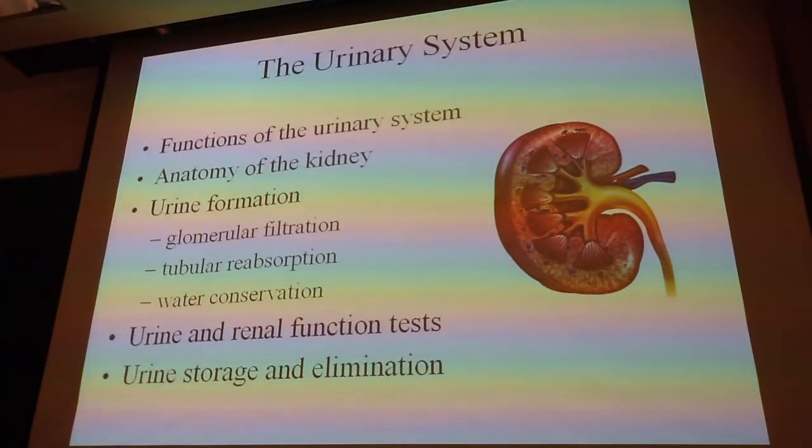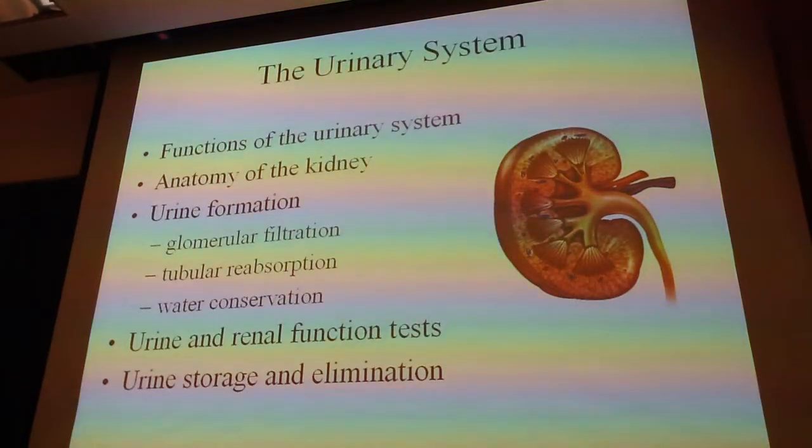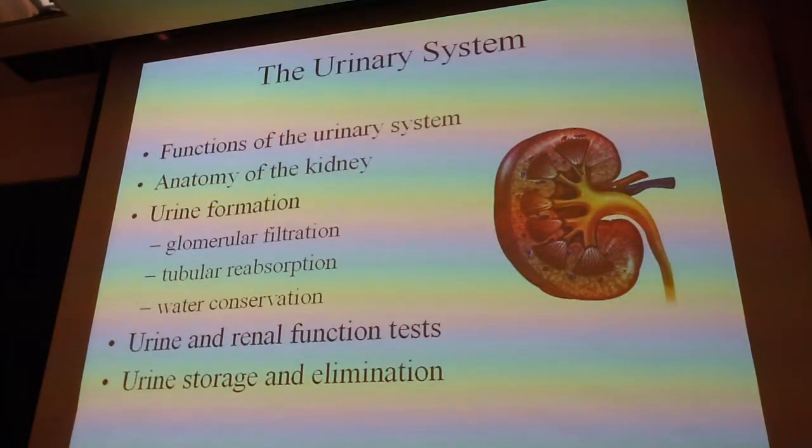Okay, antidiuretic hormone. The pituitary gland senses that you're dehydrated, and remember that ADH acts on what part of the kidney? Well, you've got the glomerulus, the proximal tubules, and the distal. It acts on the distal tubules. It tells them to retain water, and so that's why you get the impression that nothing is being filtered out.